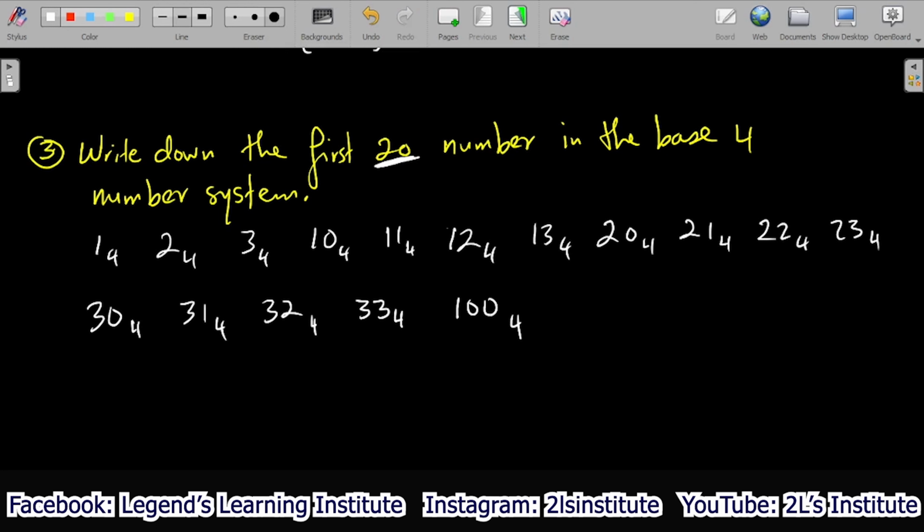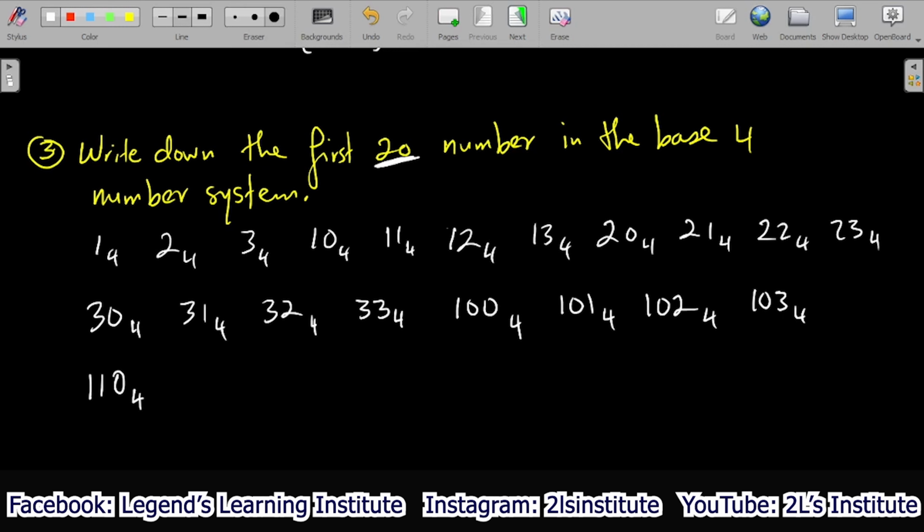0 base 4, right, then 1 0 1 base 4, okay, 1 0 2 base 4, 1 0 3 base 4, right, then after 1 0 3 we would have to have 1 1 0 base 4.